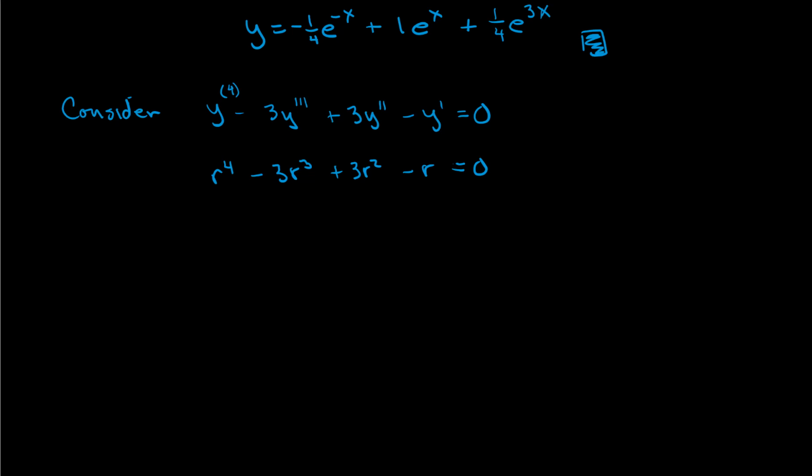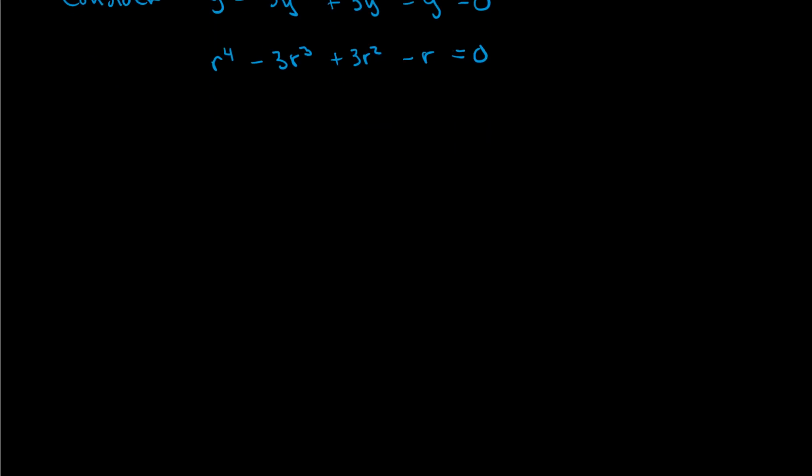One of the first things to notice here is that we can factor out an r, and this is going to be r times r cubed minus 3r squared plus 3r minus 1 equals 0. We could play around with the game of trying to find roots as we discussed earlier.